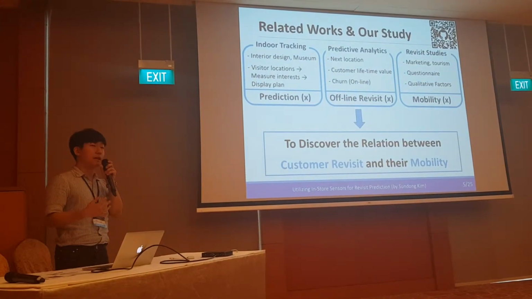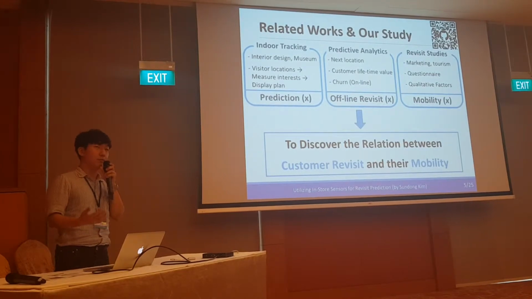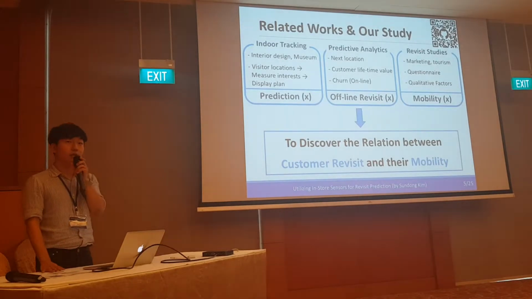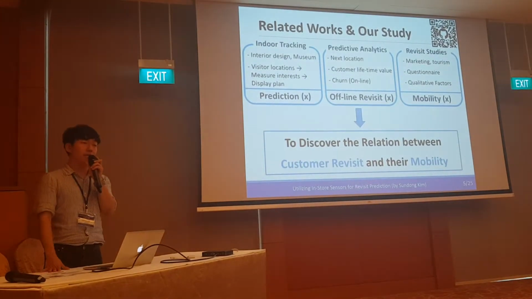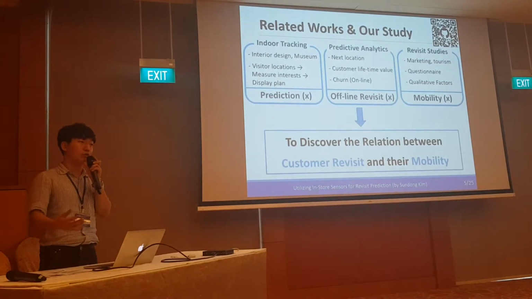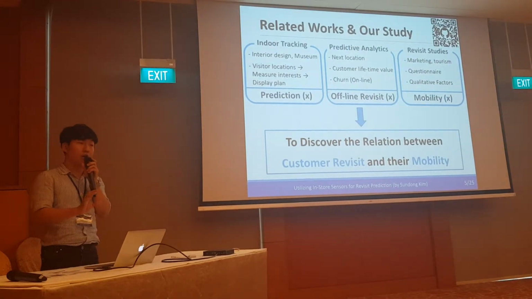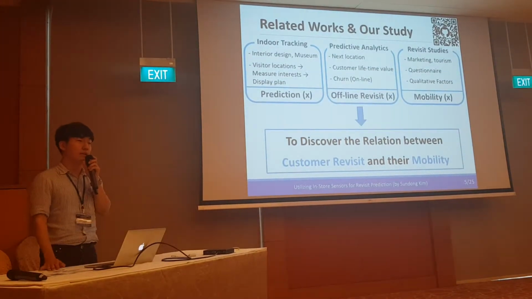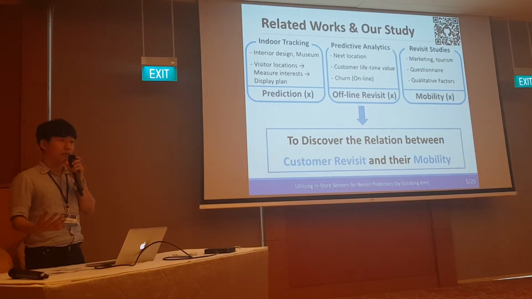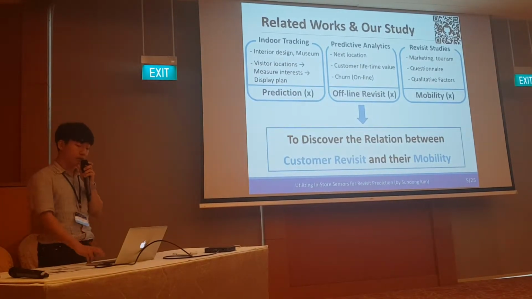Some people would not like to purchase the product anymore, and people are leaving the online store. So many vendors are trying to predict customers' churn behavior in order to retain them. However, those data sets are usually online data sets. So we try to make a contribution by utilizing an offline data set with revisit prediction.